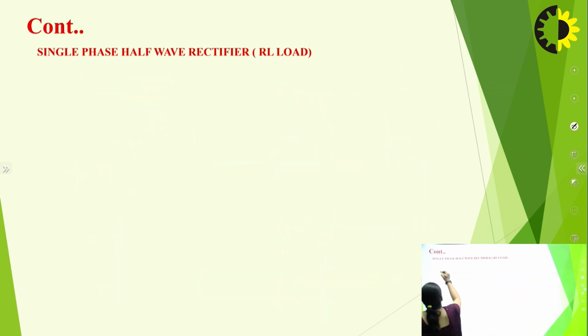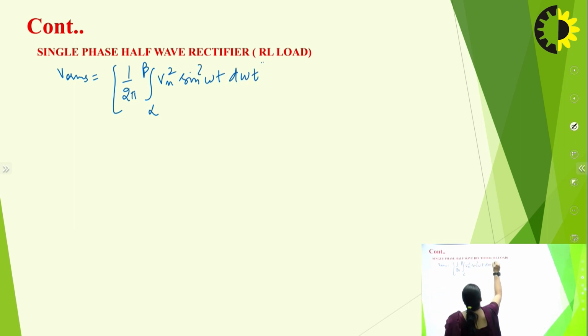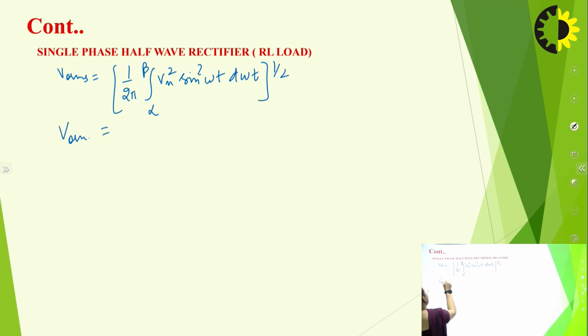So V naught RMS will be here, 1 upon 2 pi, from alpha to beta, Vm square sin square omega t d omega t, raised to the power 1 by 2. Now please solve this value by yourself, and I am writing down the final value of the V naught RMS.